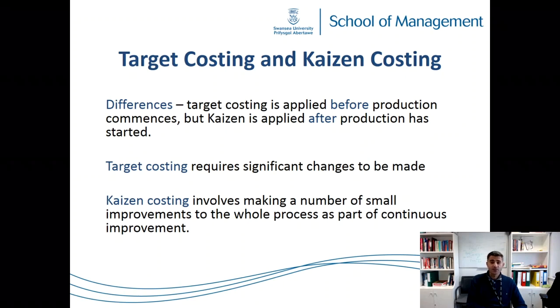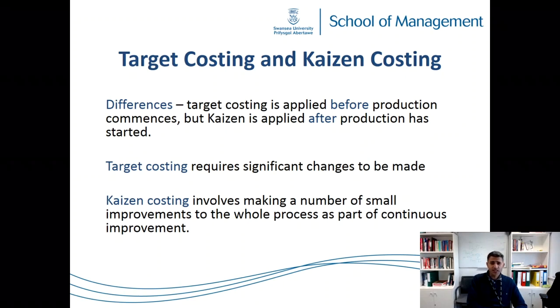If there is a difference between the target cost and the estimated cost, we create something called a cost gap, and there are some strategies to reduce the cost gap, if you remember. Kaizen is applied after production has started. Production is there inside an operation, and we try to improve things.